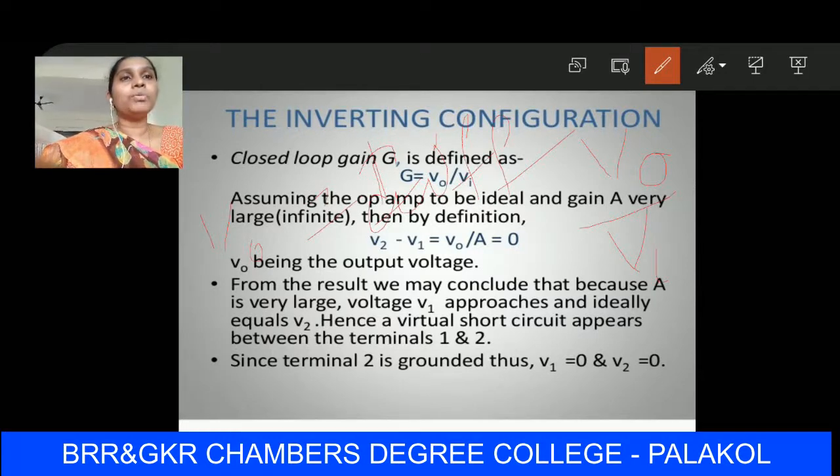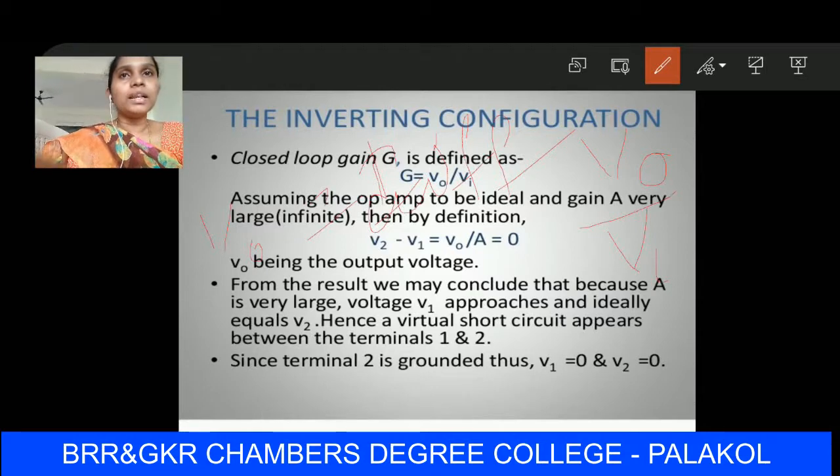From the result we may conclude that because A is very large, the voltage V1 approaches and ideally equals V2. Hence, a virtual short circuit appears between terminal number 1 and terminal number 2. That means whenever the gain of a differential amplifier is very high, then the input voltages V1 and V2 are equal.